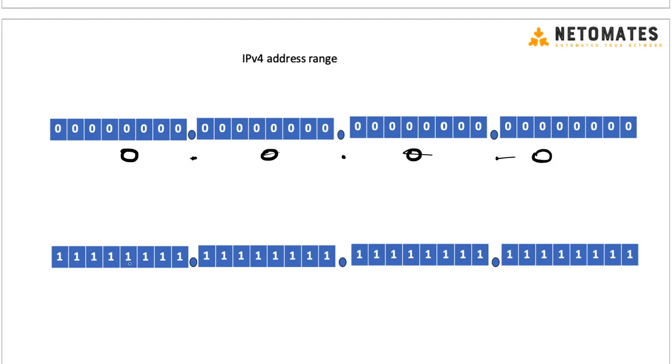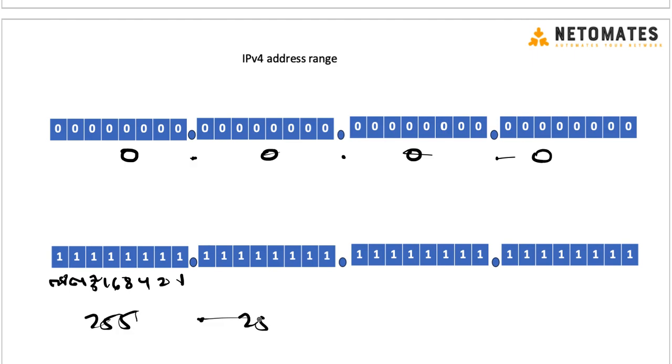If you have ones in all 8 bits of each octet, you should add all the values, right? The values are 1, 2, 4, 8, 16, 32, 64, 128. If you add all of them, the total will be 255.